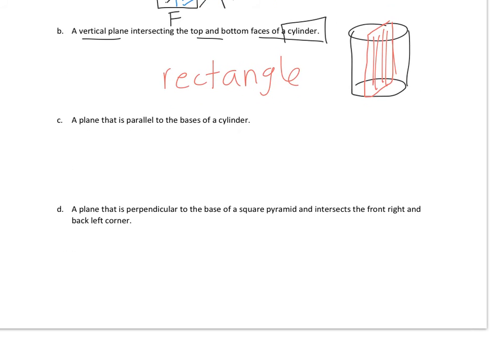A plane that is parallel to the bases of a cylinder. So again, you're going to draw a cylinder, parallel to the bases. So this would make a circle. If it wasn't parallel, it would make an ellipse.